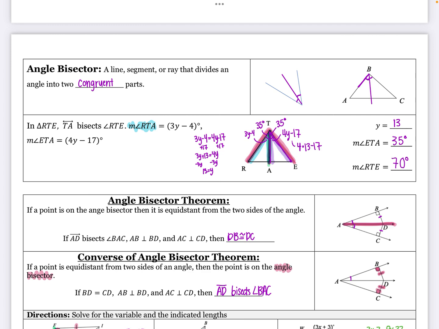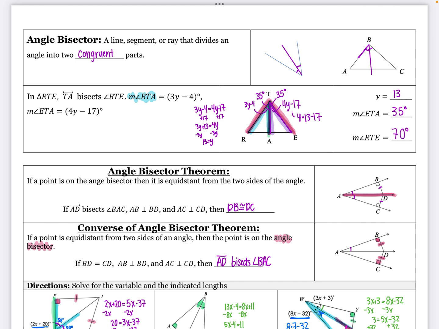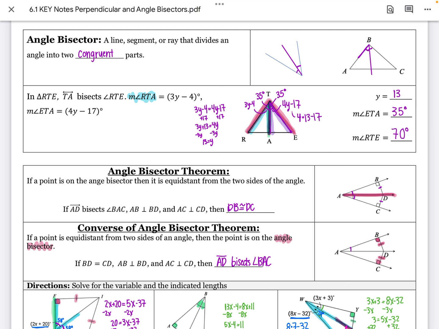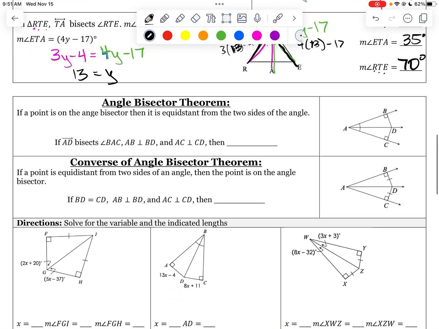So if AD bisects BAC, and then I have perpendicular, so we've got some right angles in there, and some more right angles in there. It just means that these two sides are equivalent. BD is equal to that one. Conversely, if we know these are equal, then we know that my angles are equal. They have to make right triangles for this to be true.